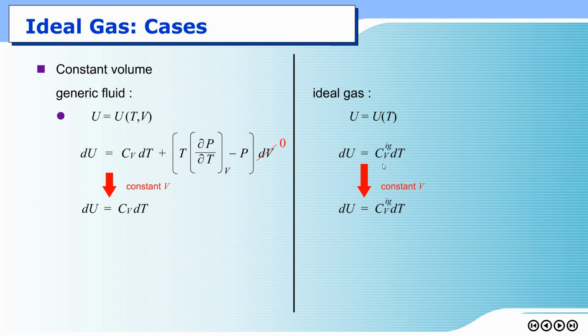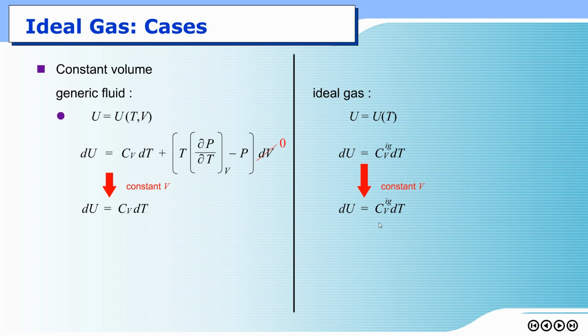The function is a function of temperature only. So as long as you start and you end at the same temperature as this case, the form of the equation remains very similar. You still get dU equal to Cv dT. But please note that this Cv and that Cv may not have the same value.